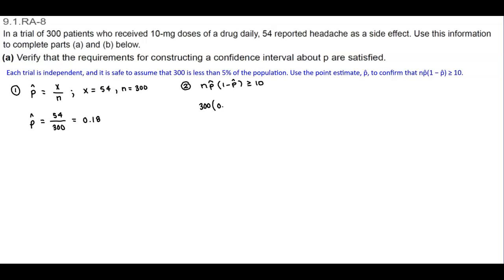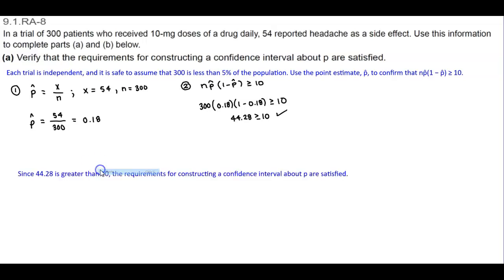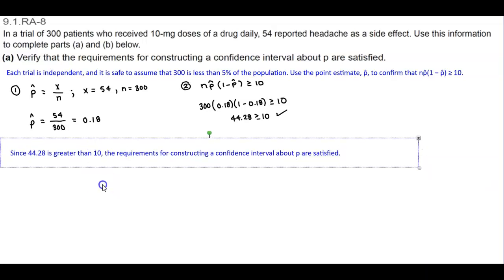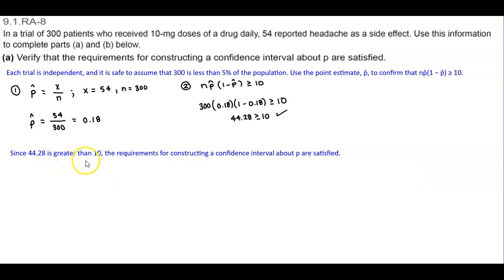We'll multiply it by the point estimate, 0.18, times 1 minus 0.18, and we want to confirm that that's greater than or equal to 10. So we end up getting 44.28, and that is greater than or equal to 10. And so therefore we can say that since 44.28 is greater than 10, the requirements for constructing a confidence interval about P are satisfied.